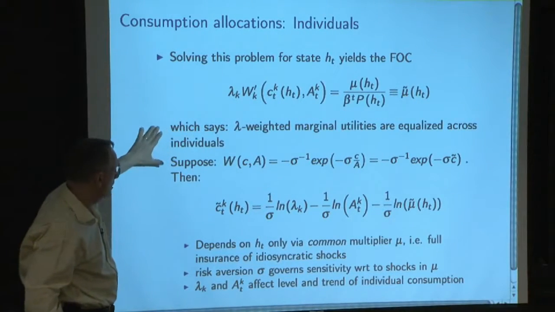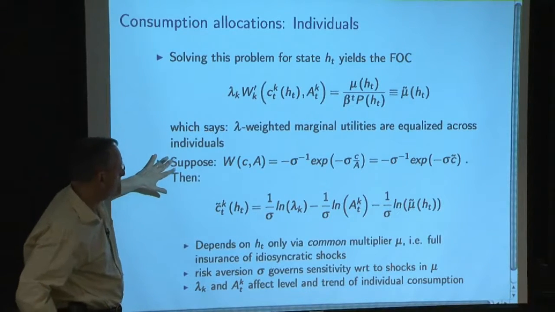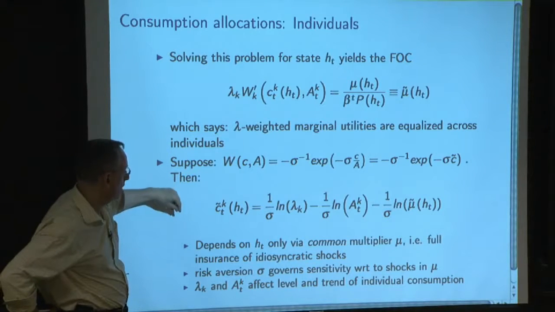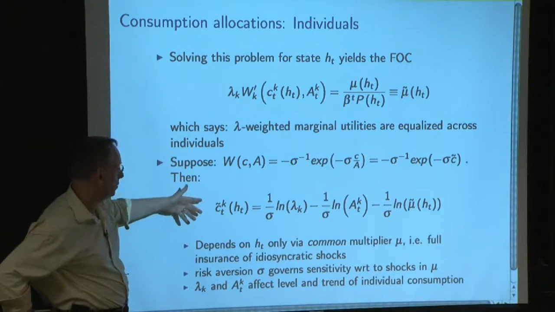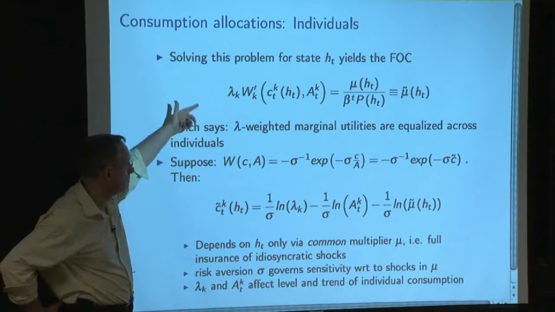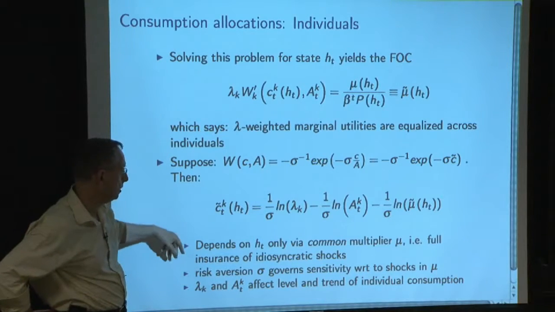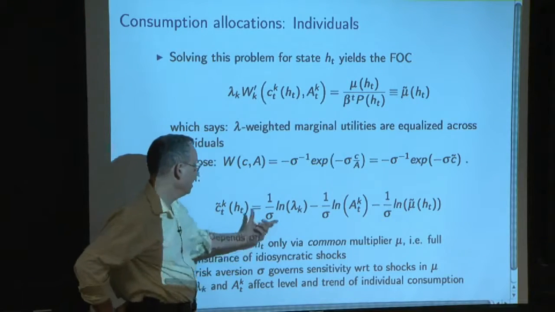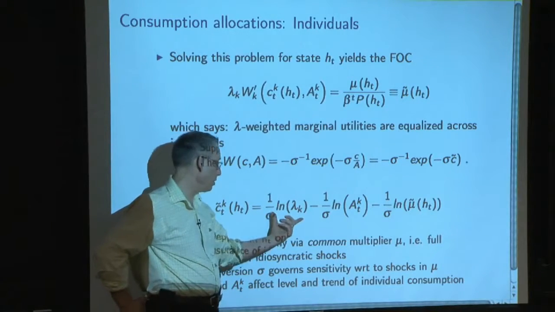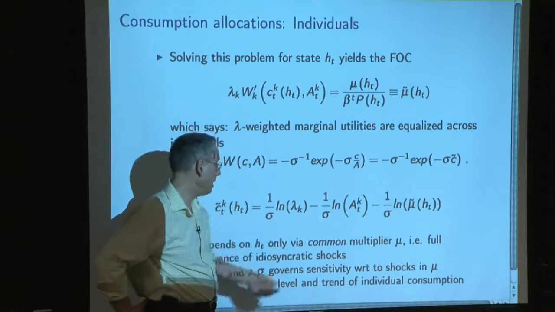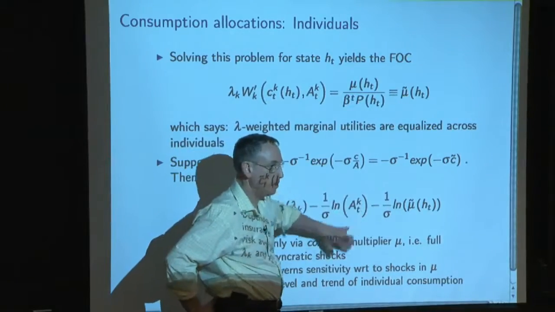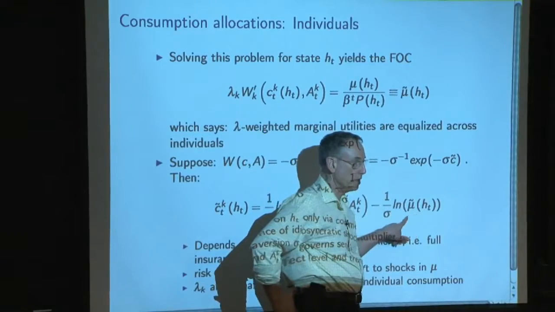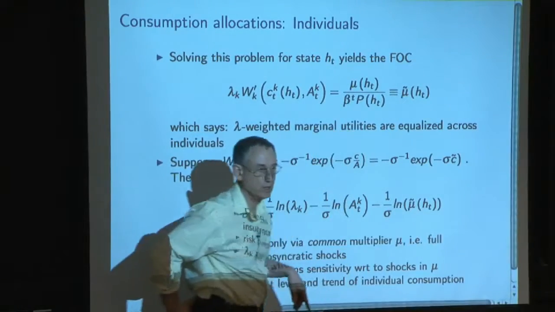If you assumed a particular exponential utility function, for example, then you can actually get closed-form analytic solutions for these first order conditions. This just says in levels that the consumption of household K depends on the log Pareto weight of household K. It has something to do with the demographics and something to do with this common shadow price of consumption, if I dare call it that.